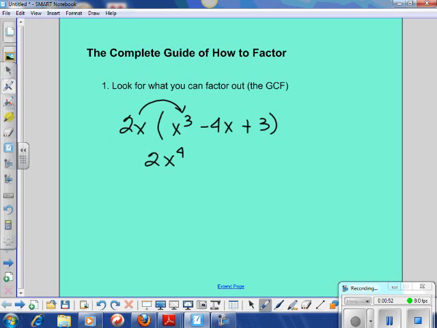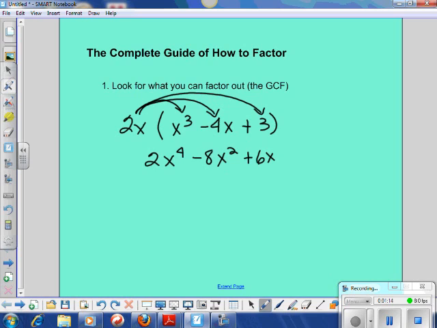Now, 2 times negative 4 for the next term is negative 8, and x times x is x squared. Now, for the third term, 2 times 3 is positive 6, and the x from the 2x. So this is what you get when you distribute the 2x.